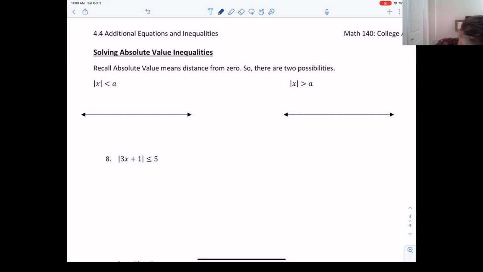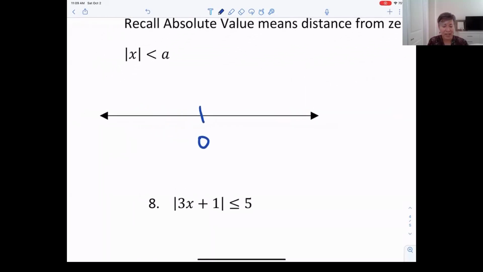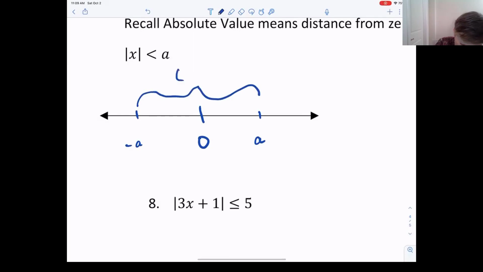Let's say we're saying the distance from 0 is less than a. So the distance is going to be within a units, so a and negative a, it's going to have one interval between two values where that distance is smaller than a.